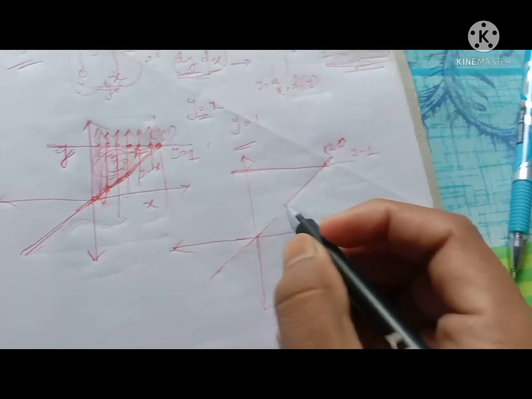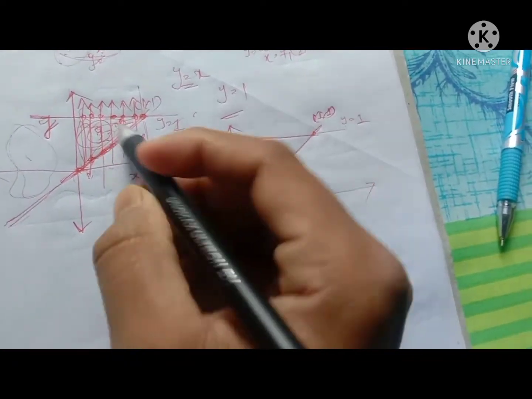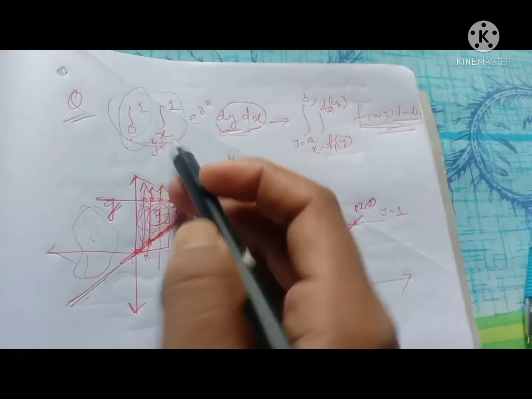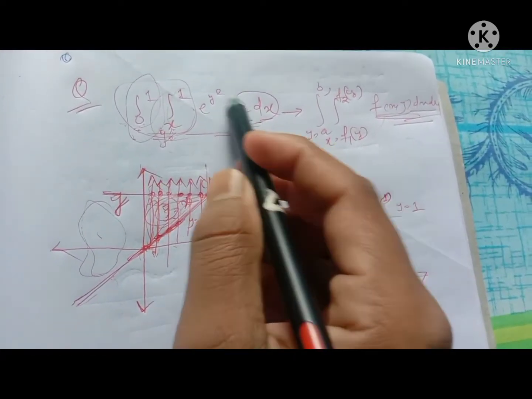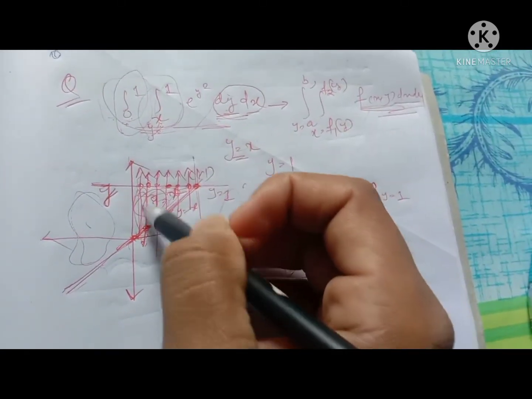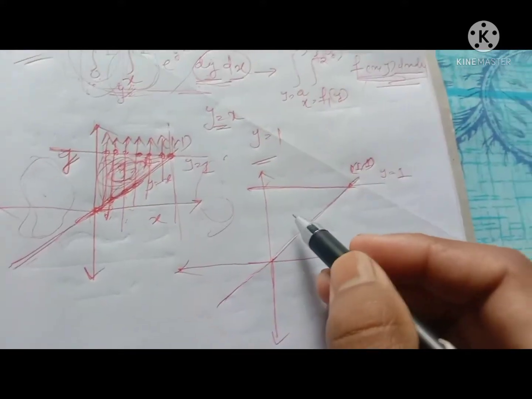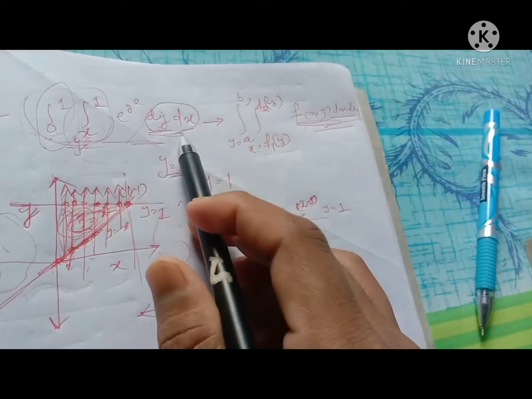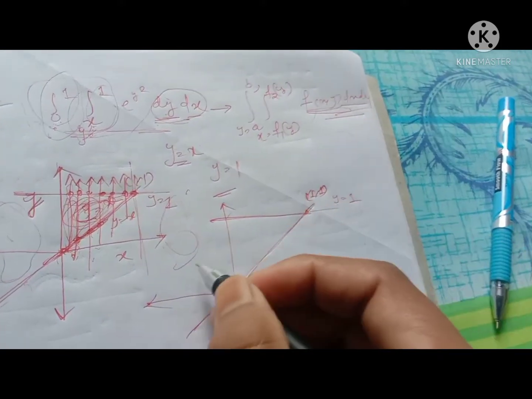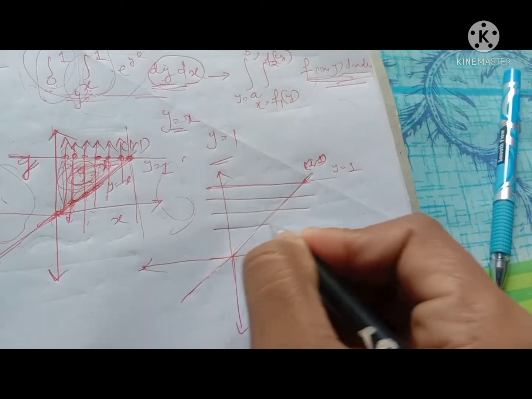In this bounded region, to find it, according to the question, you make an arrow from lower to upper to get the boundary region. After getting the boundary region, we transform dy dx to dx dy. Then we make the arrow from left to right.